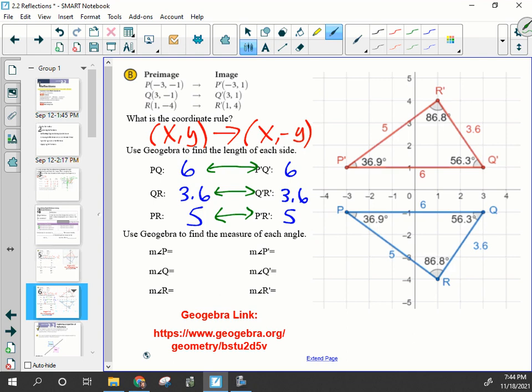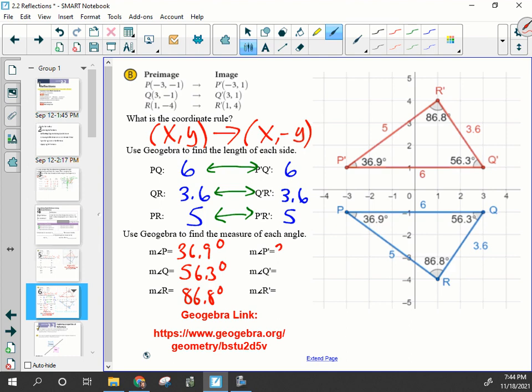Then it asks us to use GeoGebra to measure the angles. You will notice I have all 6 angles measured here in the picture. Angle P is 36.9 degrees. Angle Q is 56.3 degrees. Angle R is 86.8 degrees.